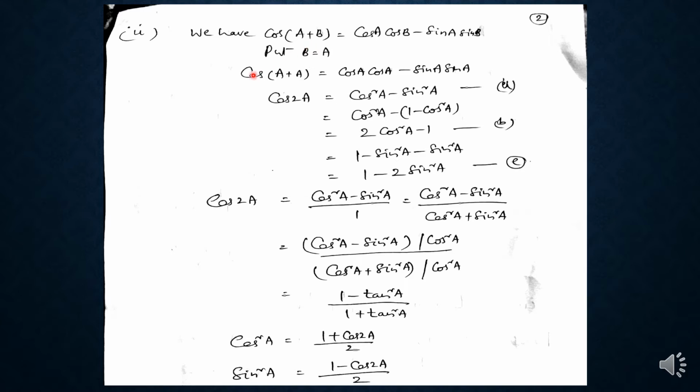Then this becomes cos of a plus a is equal to cos a into cos a minus sin a into sin a. That is cos 2a, since a plus a is 2a. Cos 2a is equal to cos a into cos a is cos square a minus sin a into sin a is sin square a. So this is one formula. Cos 2a is equal to cos square a minus sin square a. This is the first formula.